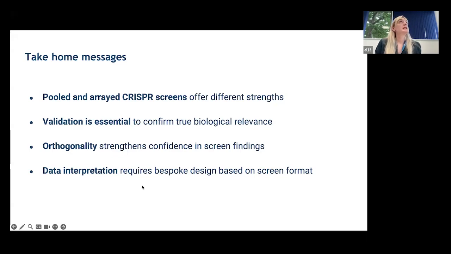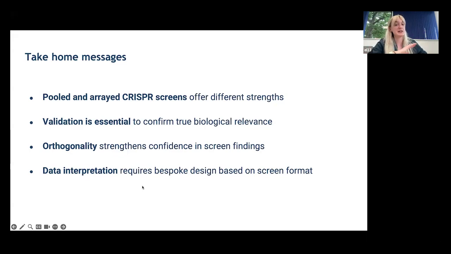So effectively it takes out any artifact that you're seeing that is due to the delivery method you're using. It wouldn't be as extreme as this, but let me use this as an example. If you're using lentiviral delivery and your cells have a specific response to the fact that they are being infected by a virus, and that kills the cell and gives you a false positive, effectively that guide has introduced a viability effect when actually the cell just couldn't tolerate the infection.